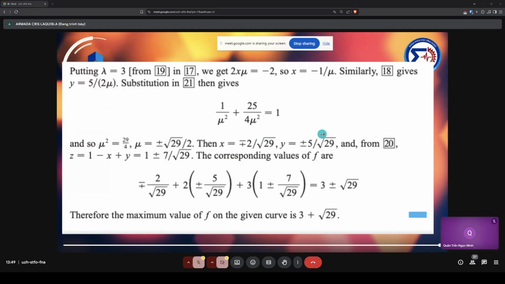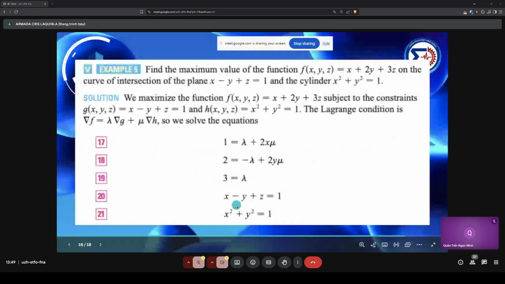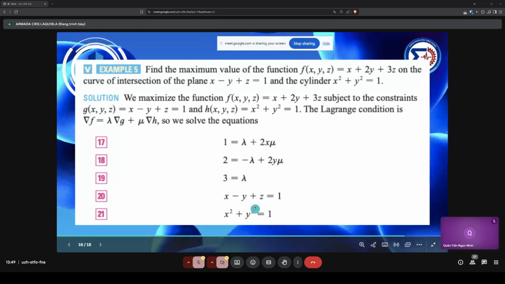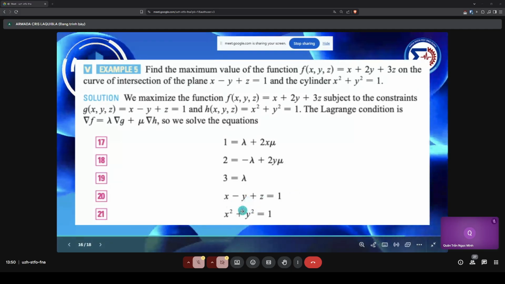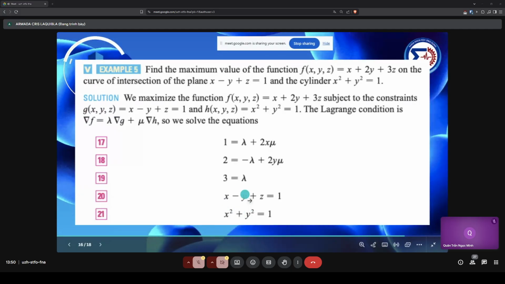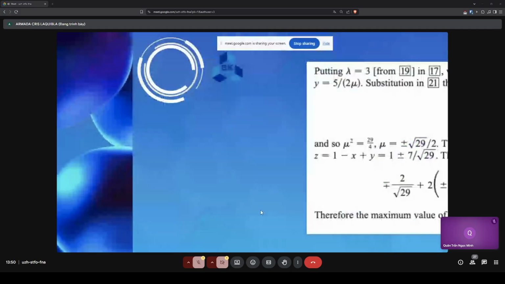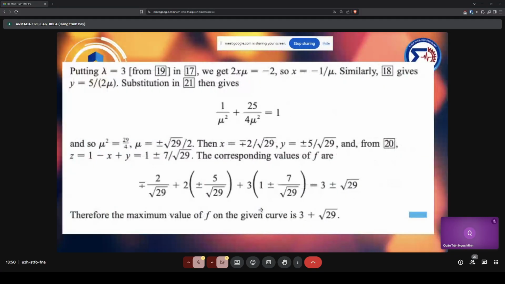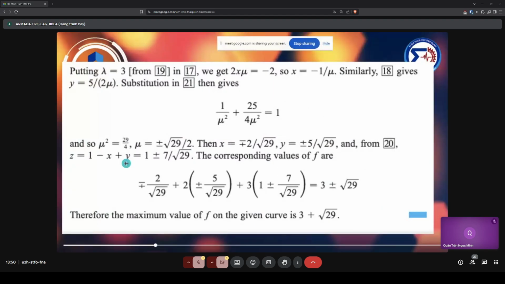So you have the x, you have the y value. Now you go back to the plane equation because you have the additional formula there. Now you substitute the value of your x and y here so that you can get the value of our z. This is your z, now equal to 1 minus x plus y, correct?